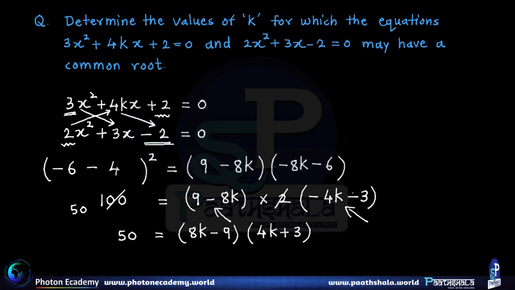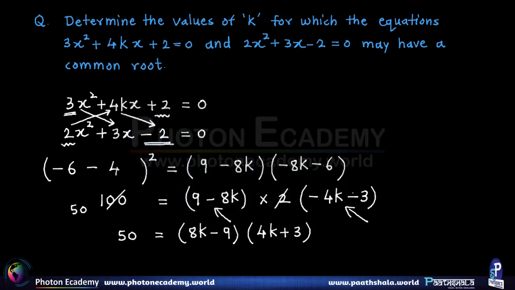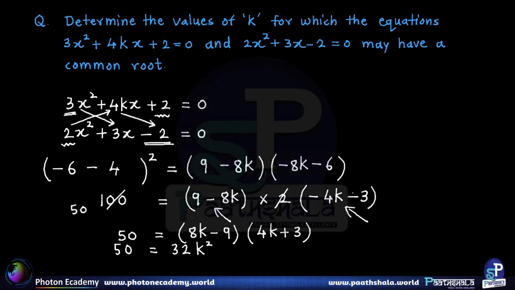Now we have to expand these brackets on the right hand side, and we will get a quadratic equation. So that turns out to be 50 equal to 32k square plus 24k minus 36k minus 27 equal to 0.